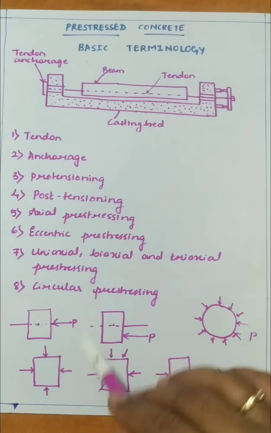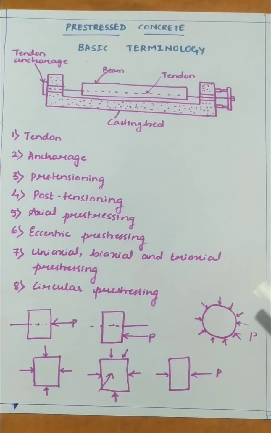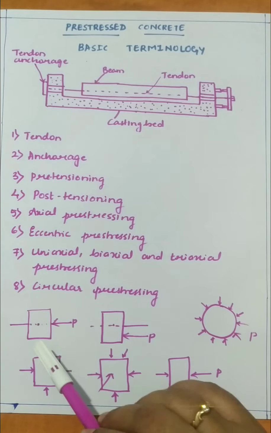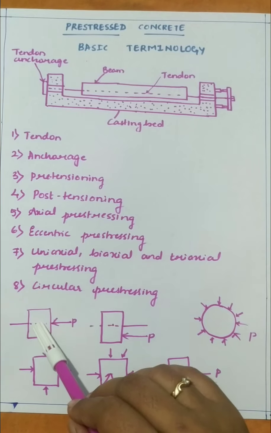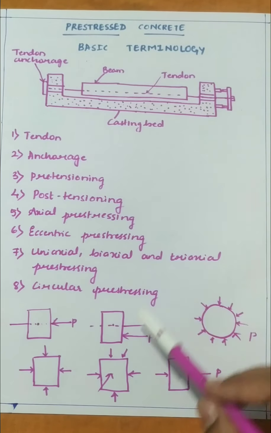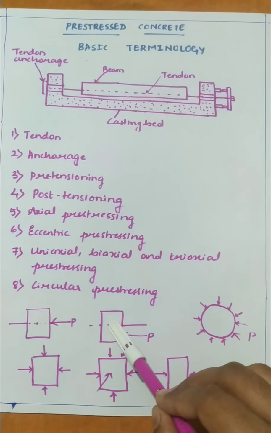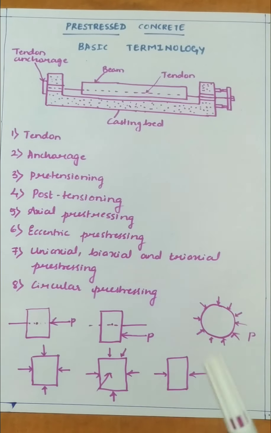This type of pre-stressing will result in a triangular or trapezoidal stress distribution. How to find the stress distribution, I will solve in later videos, and then you will understand it. Basically, if the pre-stress coincides with the centroid of the section, it is called axial pre-stressing. If it does not coincide with the centroid, it is called eccentric pre-stressing.